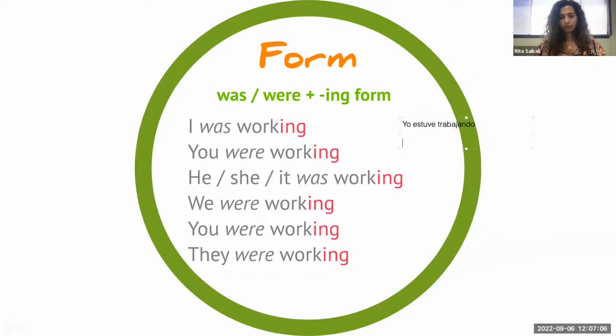Tú estabas, right? Is that right? Estuviste? Is that what you're saying? Estaba trabajando. Is that correct? Yo estaba trabajando. Él estaba, ella y él estaba trabajando. Okay. Nosotros estuvimos trabajando. Ajá, ustedes.